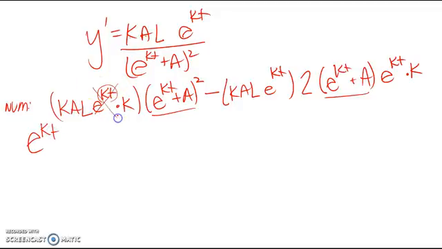I can also pull out one factor of the parentheses, e to the kt plus A, because that takes this and gets rid of that one. I also have KAL k and KAL k, so I have k squared.